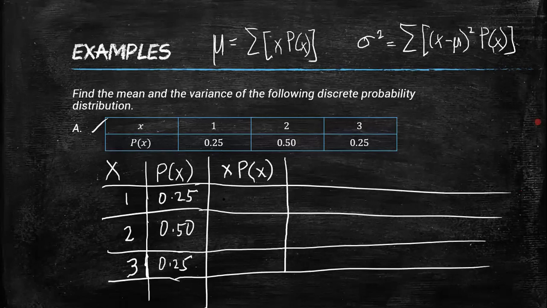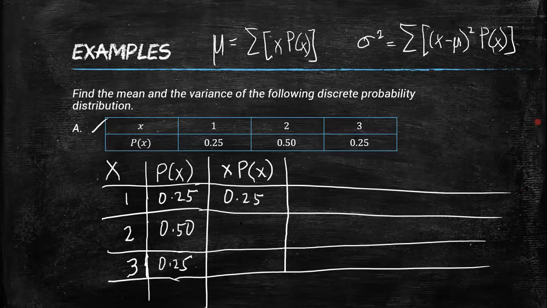So, we have 1 times 0.25, o ilan? 0.25, right? Next is, ano nang gagawin? Ganun ulit. 2 times 0.50. So, ilan? 1.